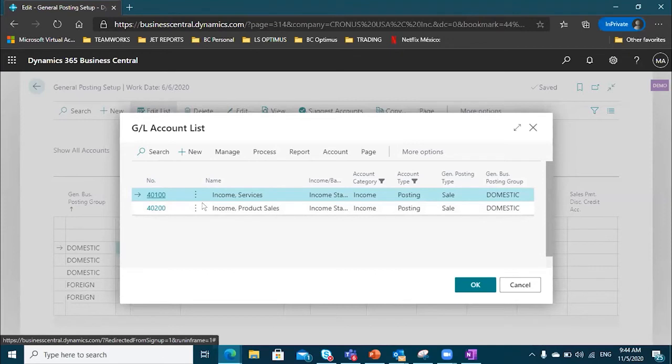So as an example, for this webinar, I created two income type of GL accounts. In my income statement, I generate income when I sell services, and I generate income when I also resell products that I purchased before.